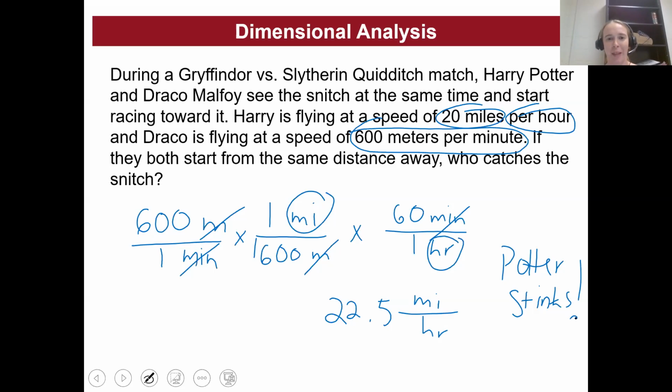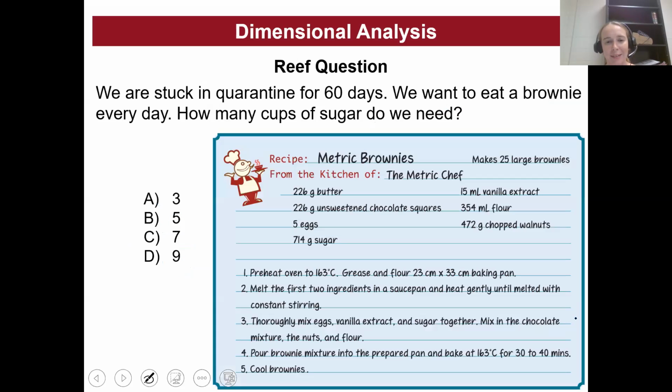Draco wins. Cool. All right, so that's one more problem for you. And let's take a look at an example problem from this Metric Brownies recipe conversion. You can stop at any time, pause it, take a break, come back, write down notes, make sure you're trying these problems yourself.